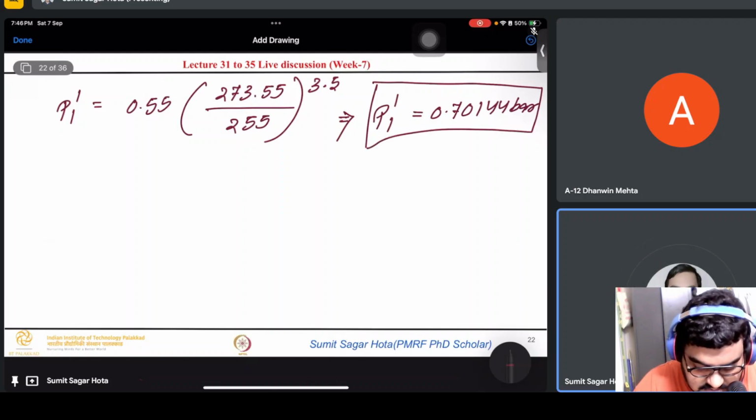So next you substitute in that ramming efficiency formula, because we have all the things given. Okay, we have to find out now P1.